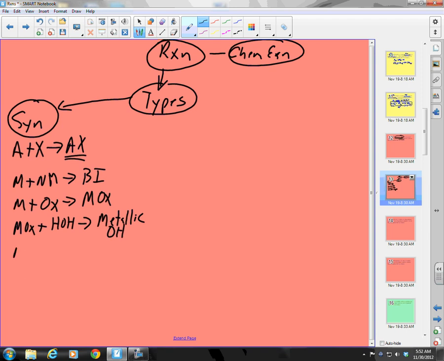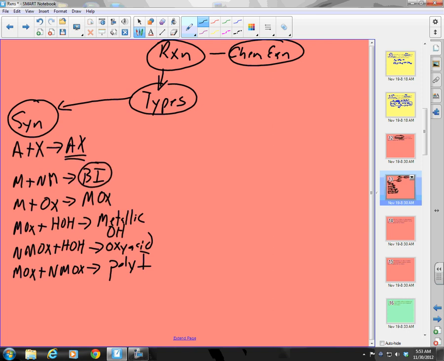We could have a non-metal oxide plus water, and that will make an oxyacid. And finally, we can have a metal oxide plus a non-metal oxide, and that's going to make my polyatomic ionic compound, as opposed to my binary ionic. Good. And so those are my synthesis reactions.